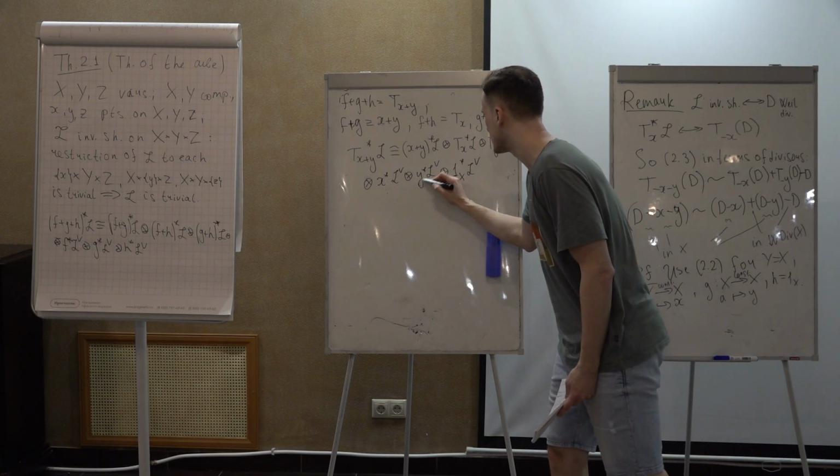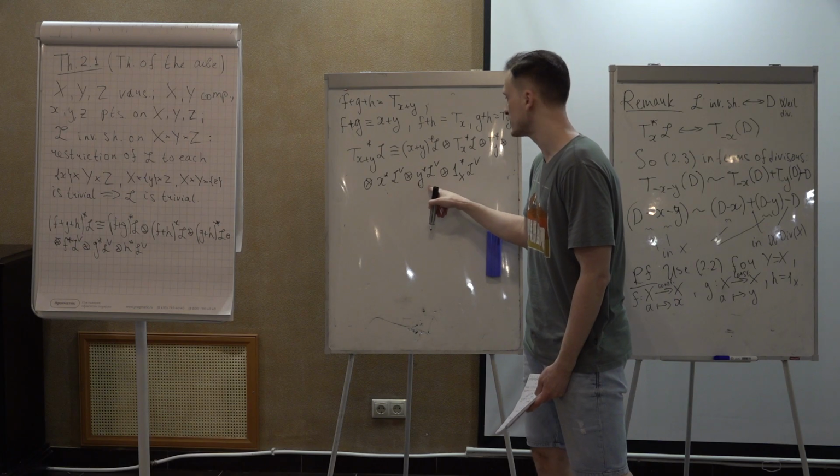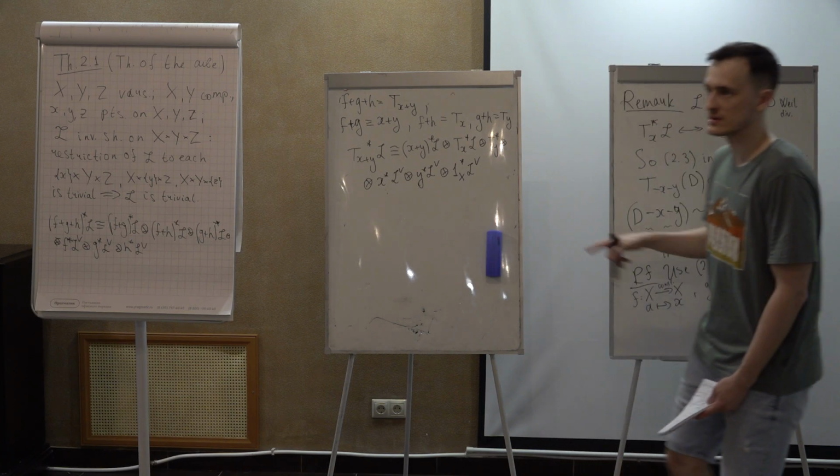And do you understand what is the pullback of a sheaf under a constant map?